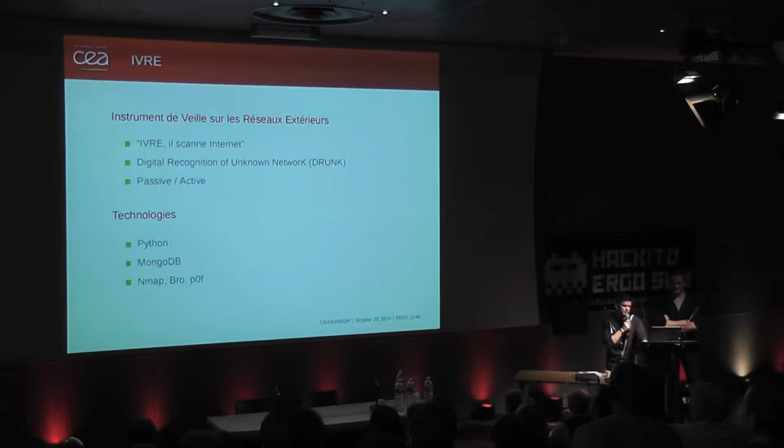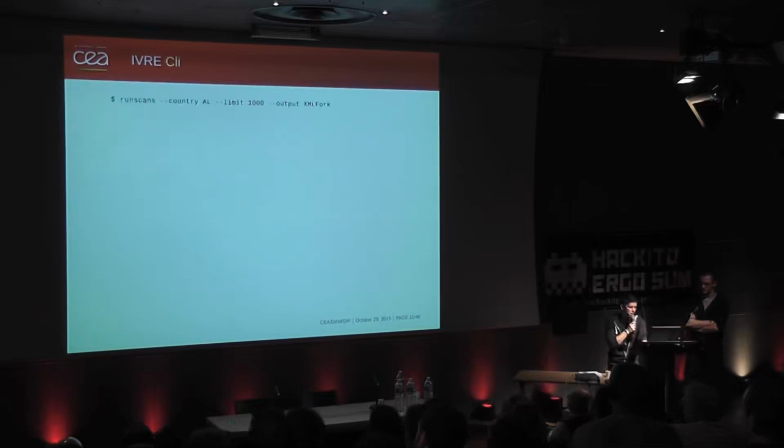It manages passive and active, but we will just focus on the active part, and it uses common technologies. For instance, directly, you can say, okay, let's scan a country, for instance Albania, just 1,000 hosts.